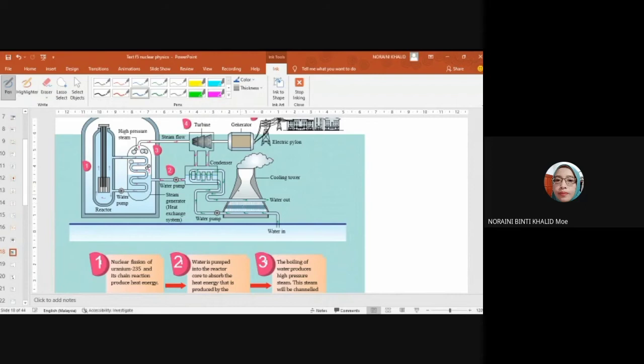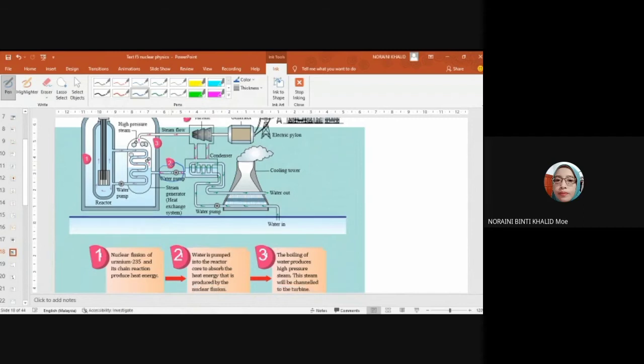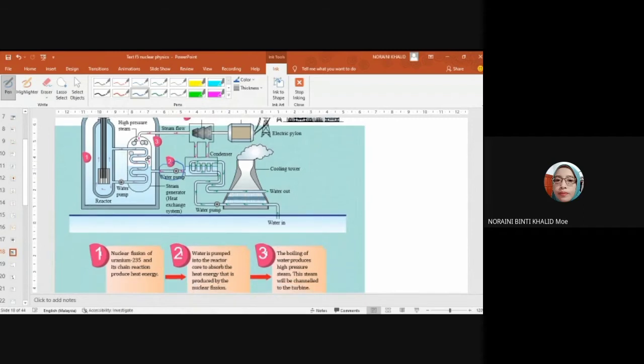And then number 2, we have the water pump here, pumping water into the reactor core to absorb the heat energy that is produced by nuclear fission, because nuclear fission releases a large amount of energy. This will cause the water to heat up and absorb the heat energy.